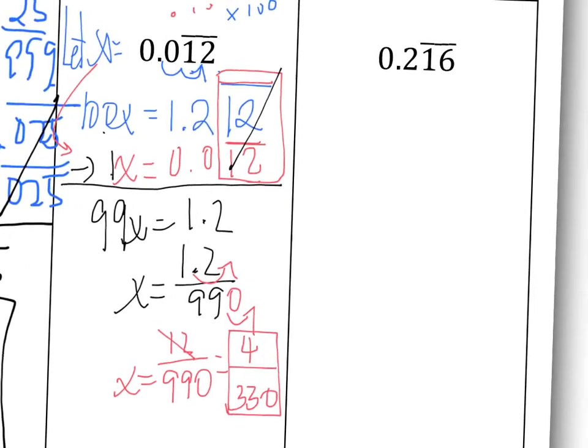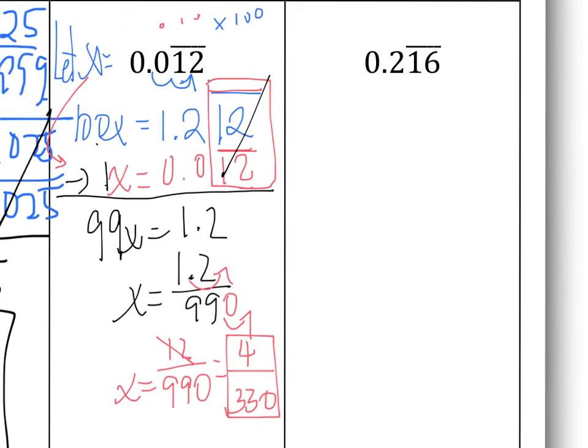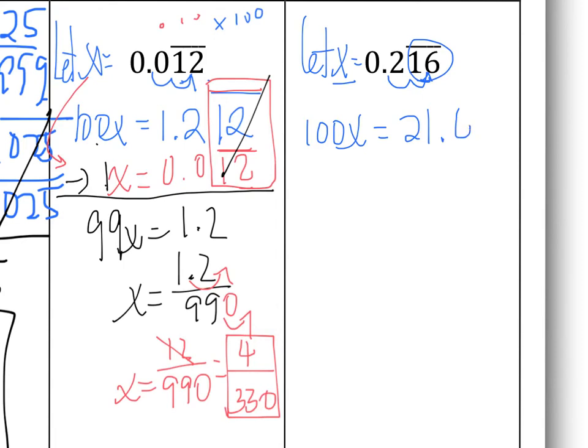And for the next problem, we would do the same thing. So let's practice again. Let x equal this, and since we have two digits that are repeating, we would like to multiply the x by 100x, and therefore we can shift the decimal 2 places to the right to get 21.6.